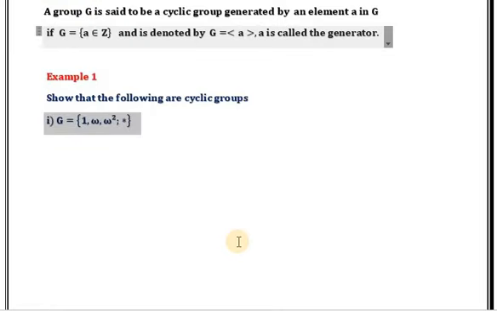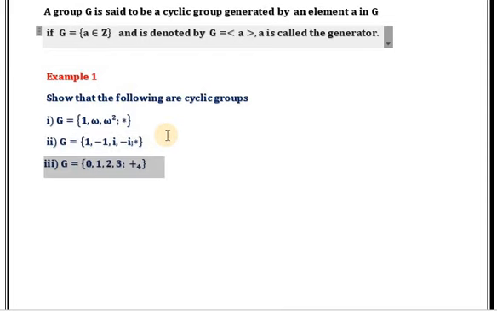First one, G is equal to {1, omega, omega square} with respect to multiplication. Second one, G is equal to {1, -1, i, -i}. Third, G is equal to {0, 1, 2, 3} under addition modulo 4. And fourth, G is equal to {1, 2, 3, 4} under multiplication modulo 5.